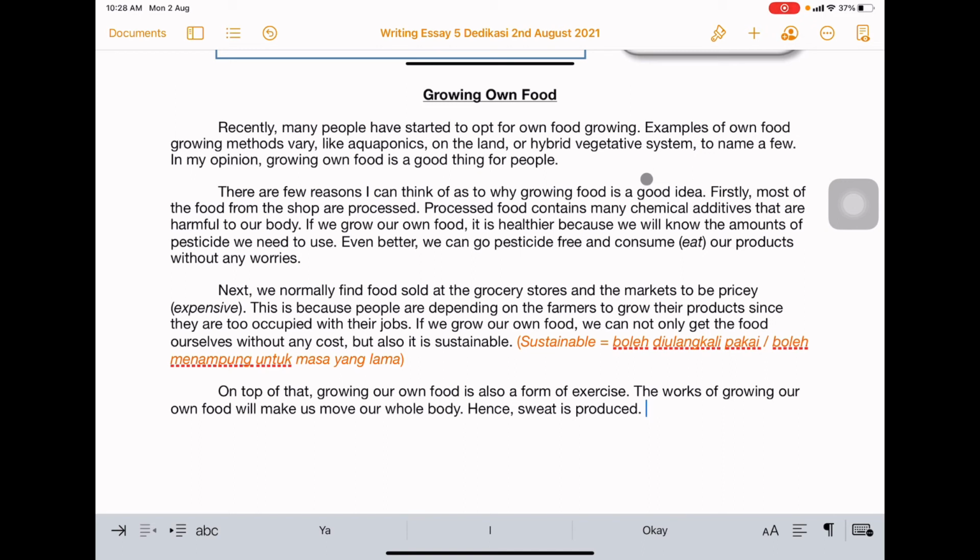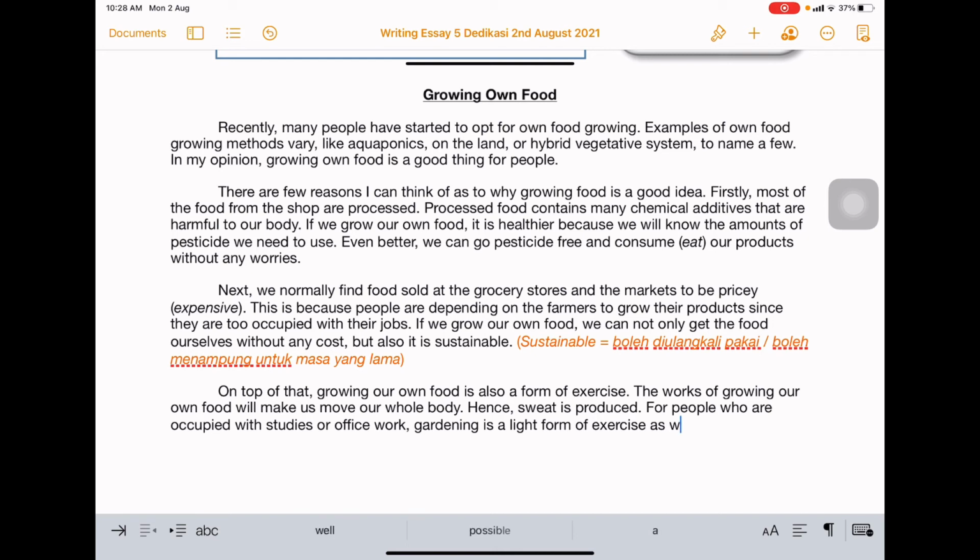And then after that we can also explain why it is a good form of exercise. So we say, for people who are occupied with studies or office work, gardening is a light form of exercise as well as a way to fill your pastimes.